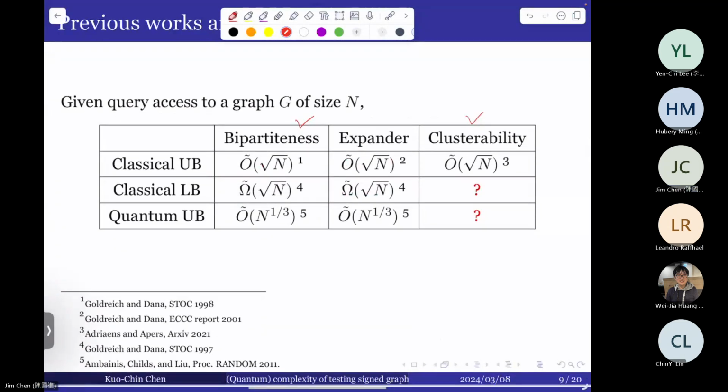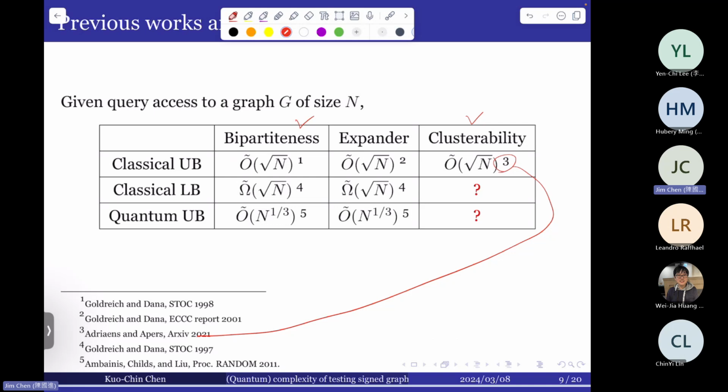For the classical upper bound, there exist algorithms to solve bipartiteness testing in square root of n queries, as well as expander and clusterability. And this work is actually from my collaborator, Simon.